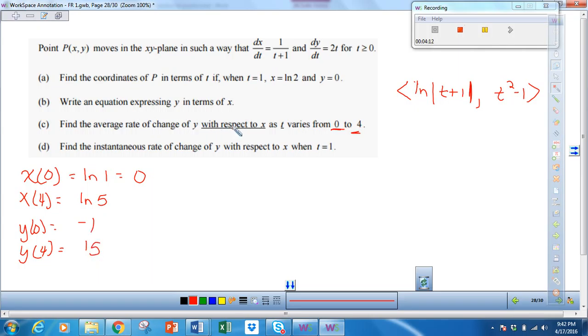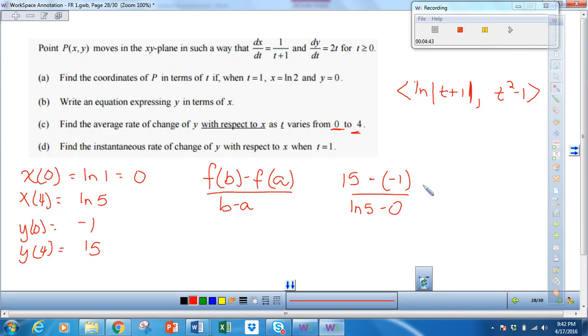So now I have to use the formula for the average rate of change, which is simply f of b minus f of a over b minus a, but I have to use these values for f of b and f of a. So that would be 15, which is f of b, minus -1 over the natural log of 5 minus 0. So I get 16 over the natural log of 5. And that was the answer.